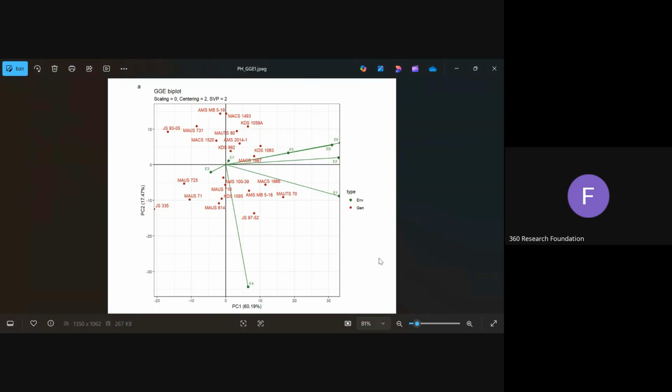Now here you can see all the genotypes are distributed throughout the 8 environments across 2 principal components. The first principal component is explaining 60% of variation and PC2 explains 17%, so together they are explaining almost 78% of variation.